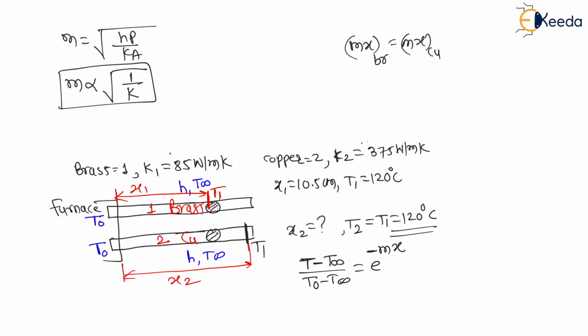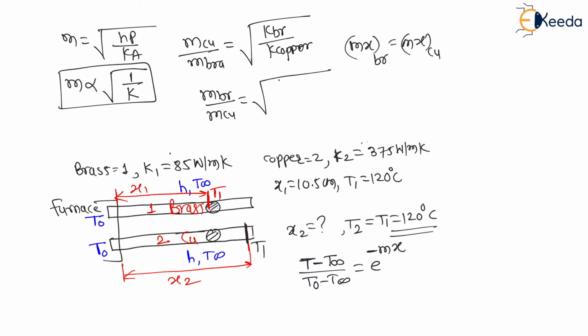Therefore, my dear students, the ratio m of copper divided by m of brass will be equal to the square root of k of brass divided by k of copper. This is how we can understand it. Let us find this ratio. Instead, if I find the reverse, m of brass divided by m of copper is equal to the square root of k of copper divided by k of brass.